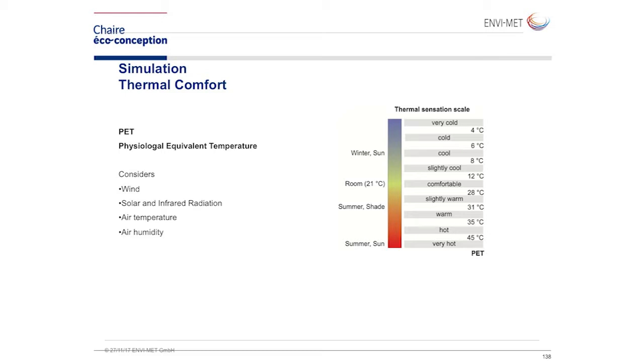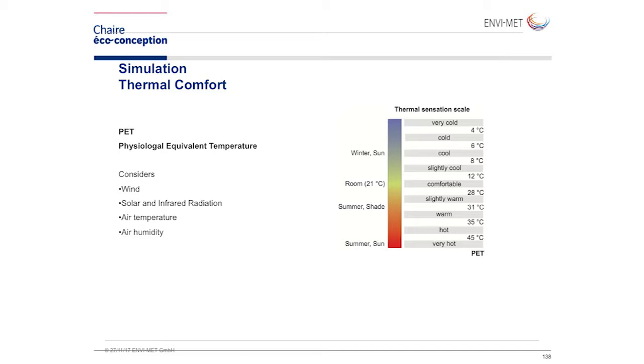This is basically a kind of perceived temperature. So how do you feel in the outdoor environment, under the given conditions, with the wind, with the sun? Which indoor air temperature would correspond to this actual feeling I have right now?